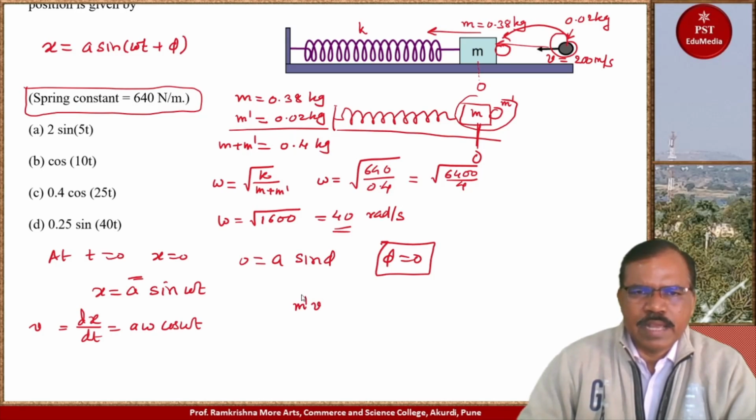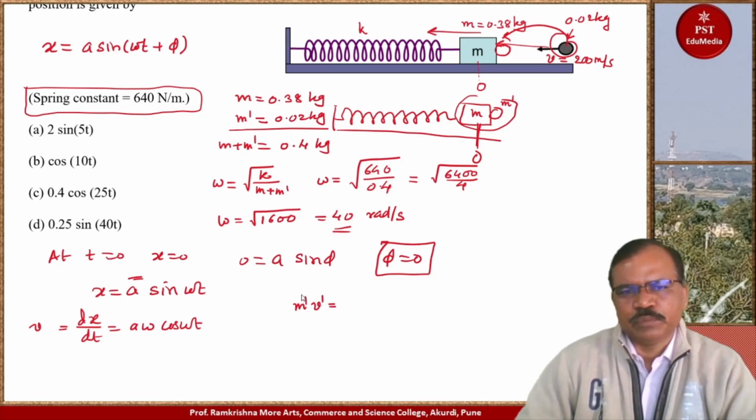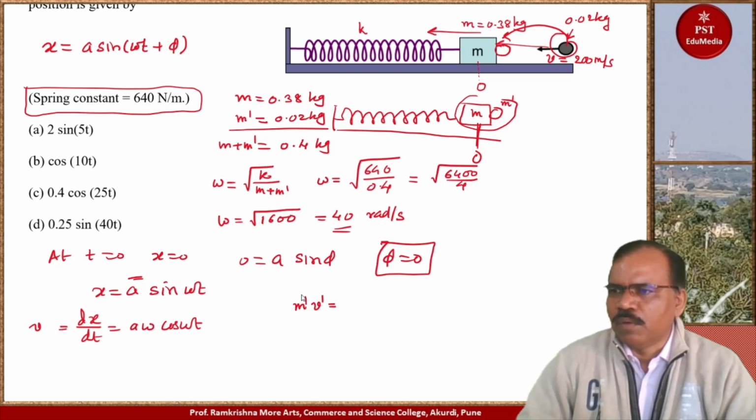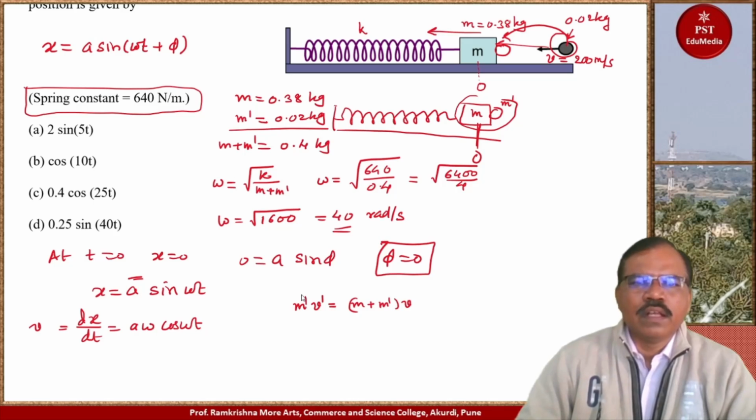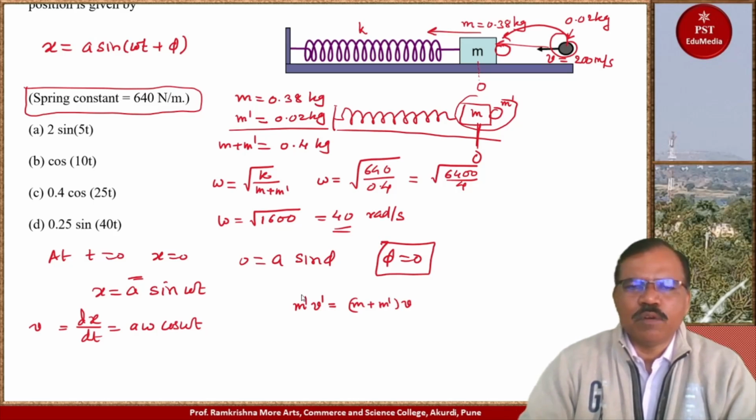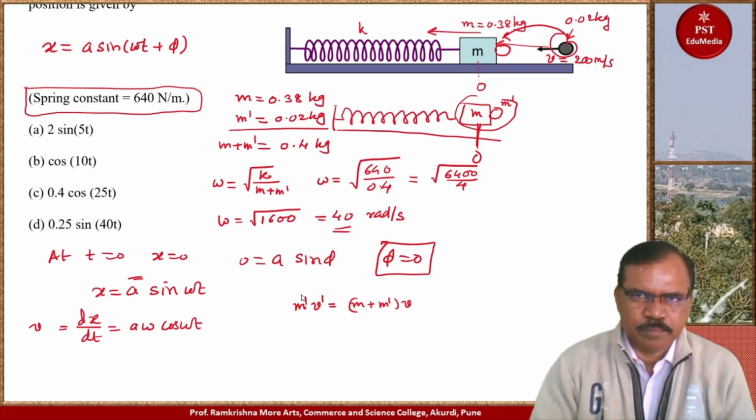That is m dash into v dash. M dash v dash was the momentum of the bullet. That is the initial momentum, and m is at rest.